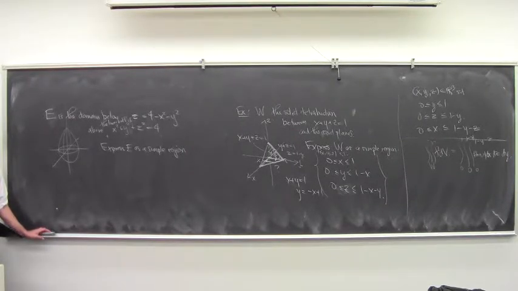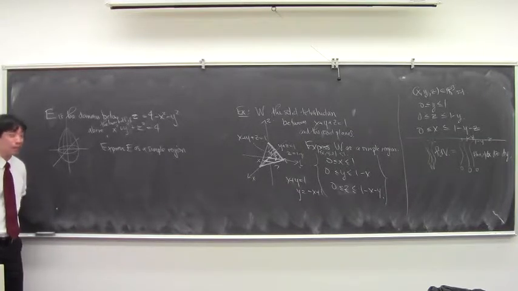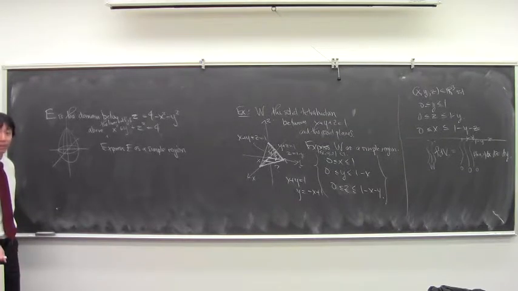I had y times negative square root of 4 minus... And then the square root of 4 minus x squared minus y squared. And then 4 minus x squared minus y squared. Okay. I got the same thing. I agree with you. What did you all try? Right, so what did you, yeah, Laura?